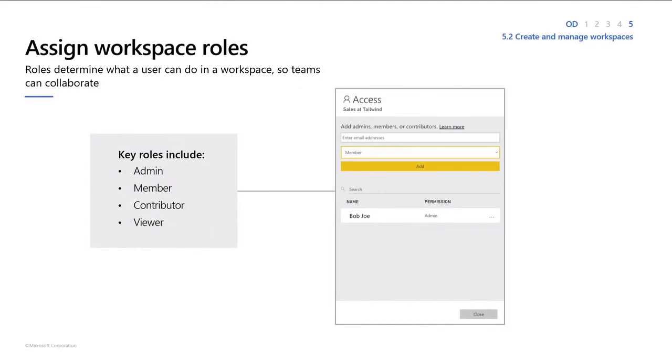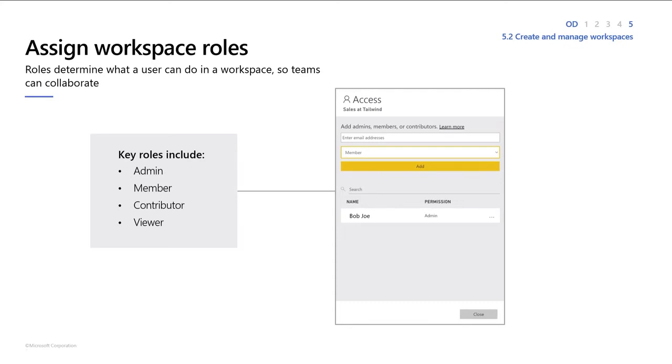So once you have got the workspace defined and roles defined, that's when you assign those roles to user groups or to users. In general, there are 4 key roles available for you to play with. Viewer role is the one which can only view the reports and has the most limited number of permissions available. Contributor can do a little more than that.